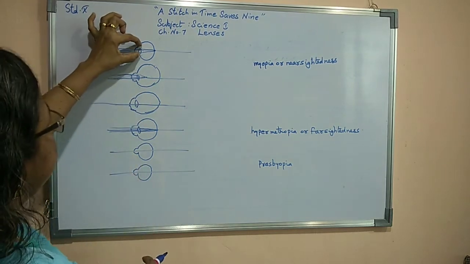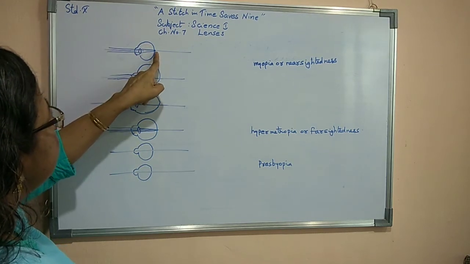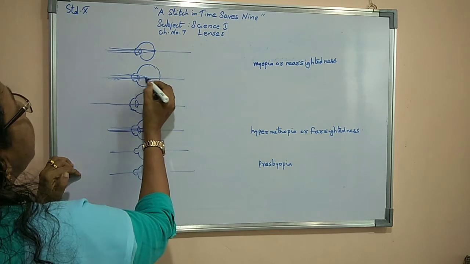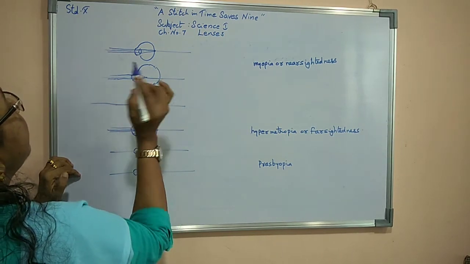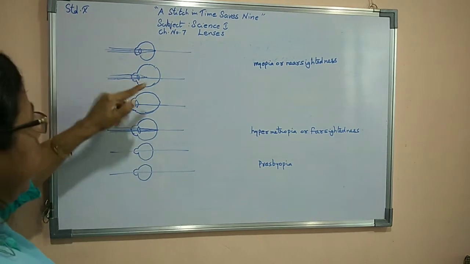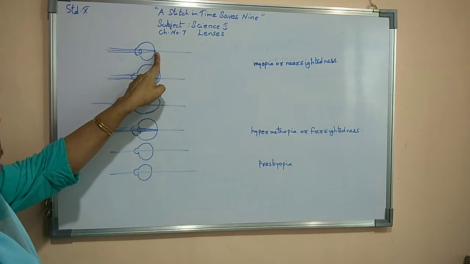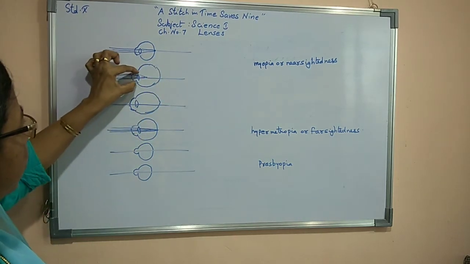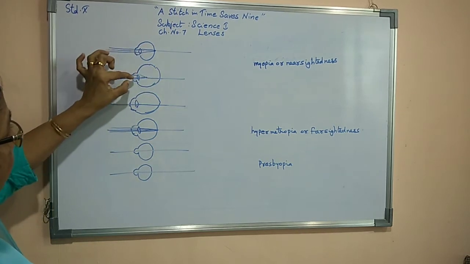Here you can see that the rays which are converging at the retina, but here you can find that the rays are going and converging at a point in front of the retina. If the rays are converging at the retina, the person can see the object clearly. But here the rays are falling or converging at a spot in front of the retina.